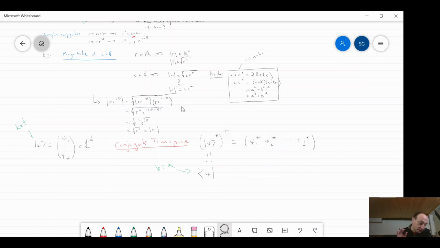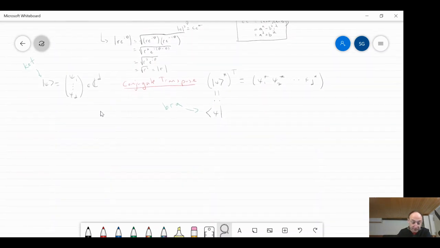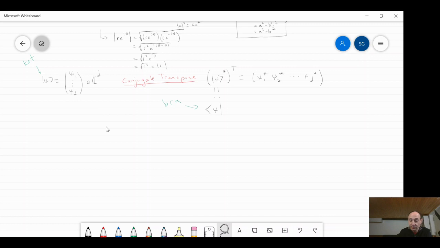Having defined this bra operator, I can actually define the inner product now. I don't need to define anything in some sense because it's already given. So what is the inner product? The inner product of two vectors psi and phi, this is the notation we use, is given by this formula where you sum over all the entries.